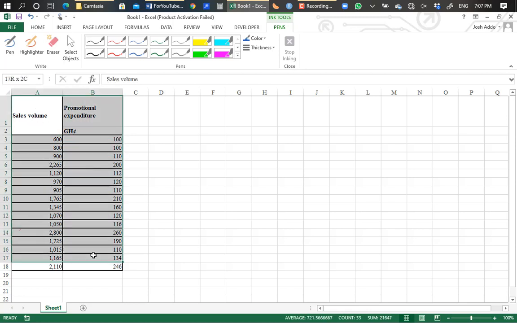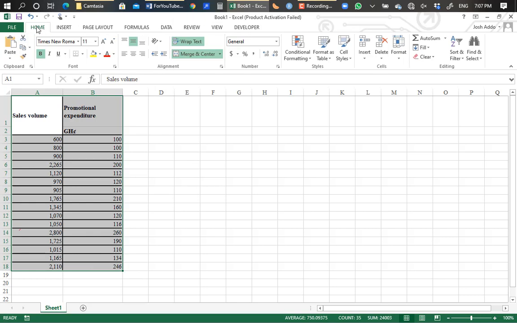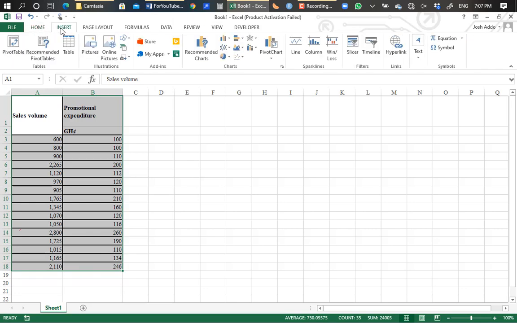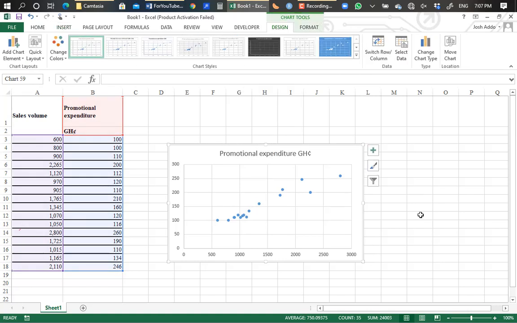So when I block the range and come to do scatter, this scatter will give us a pictorial sense of how the two variables relate to themselves and how the power of relation looks like.